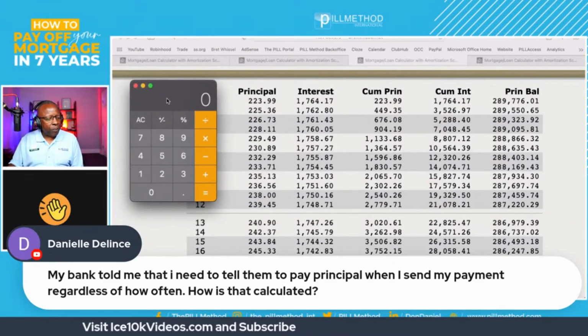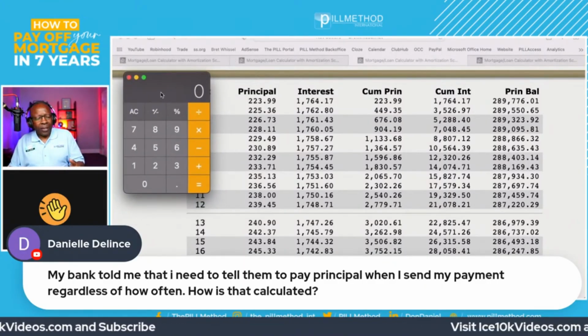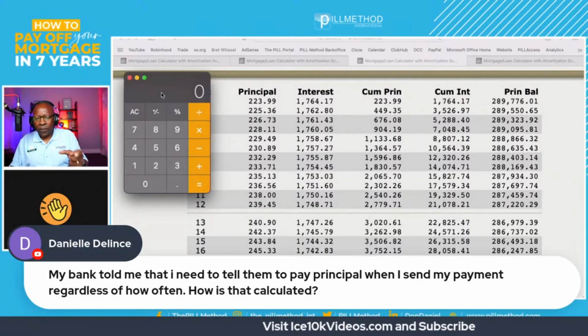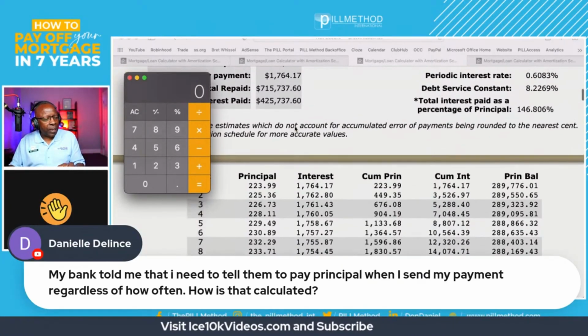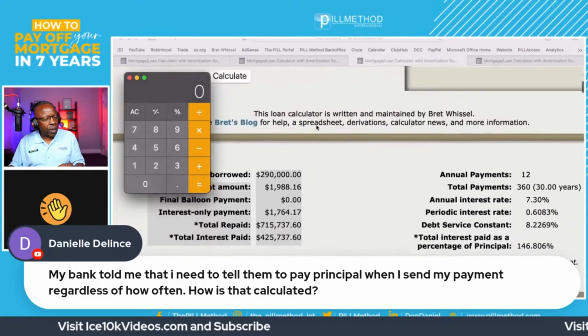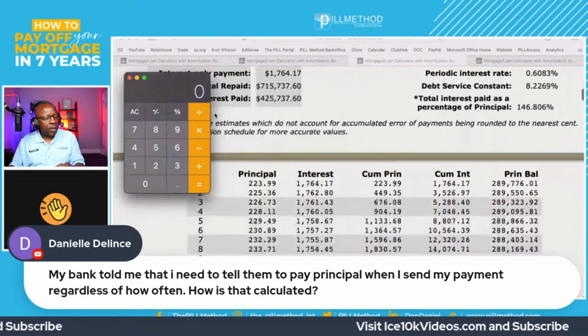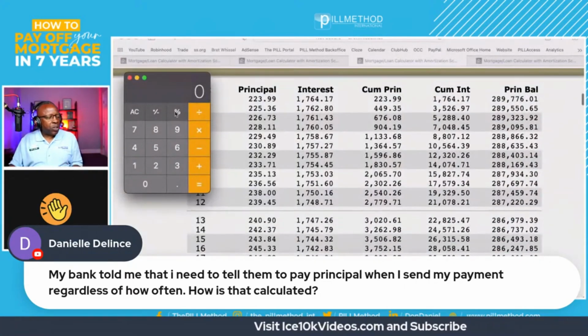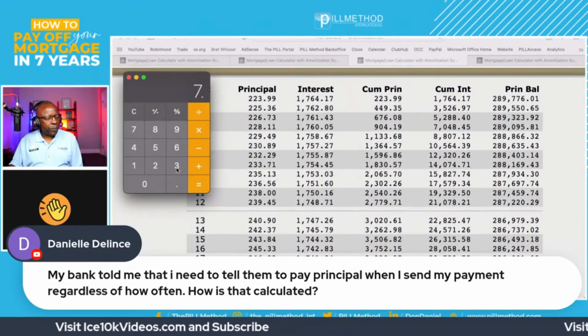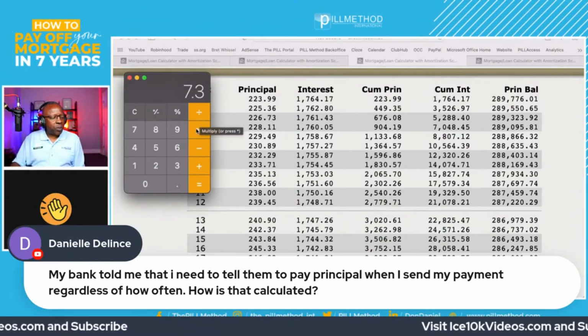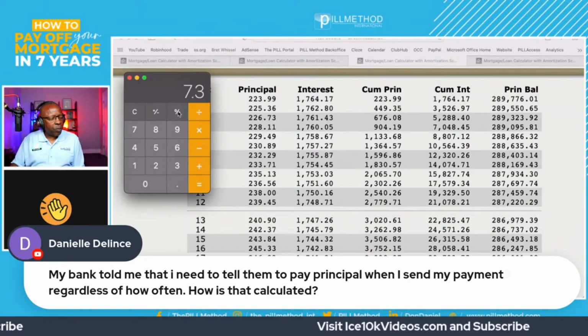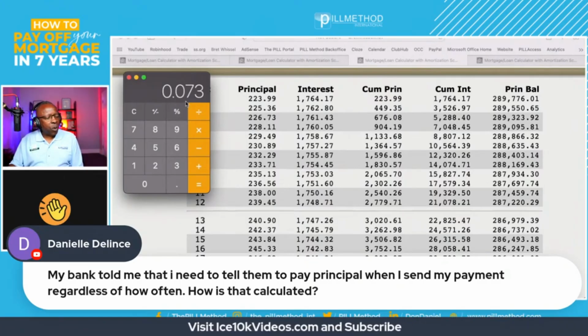Now, whenever the bank has the principal balance, this is how they calculate it when you know what your interest rate is. In this case, the interest rate is 7.3%. So we take 7.3%, which is 0.073.